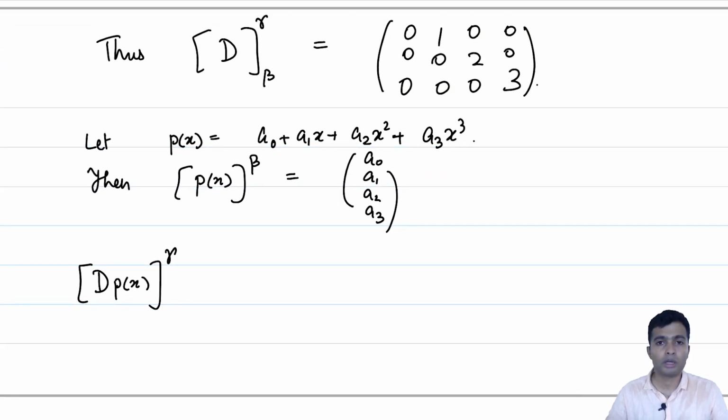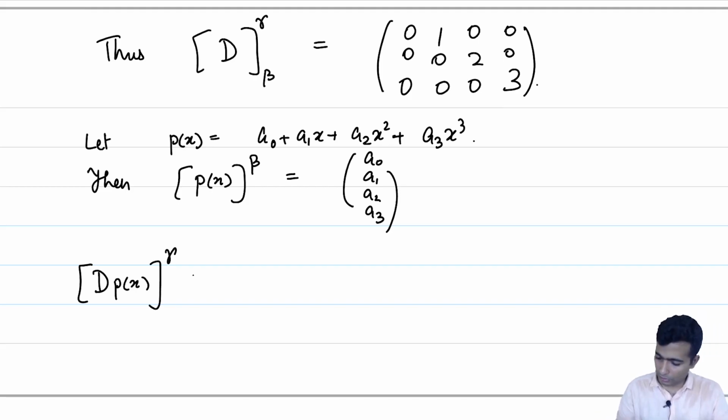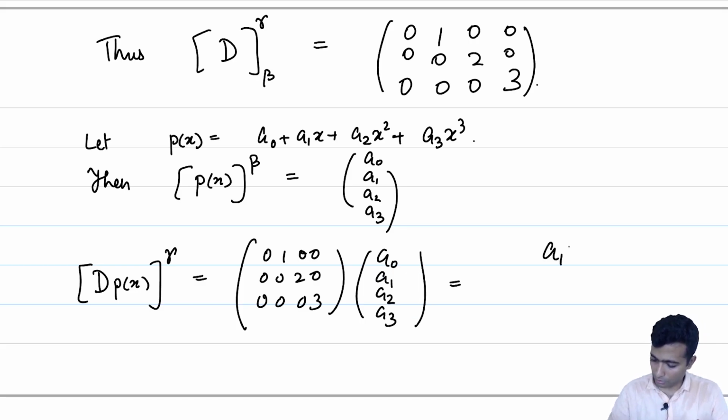This is just going to be the matrix multiplication of the matrix above with the coordinate vector of P of x with respect to beta, and that will just be equal to 0, 1, 0, 0, 0, 0, 2, 0, 0, 0, 0, 3 times A0, A1, A2, A3, which is going to be A1, 2A2 and 3A3, as it should be.